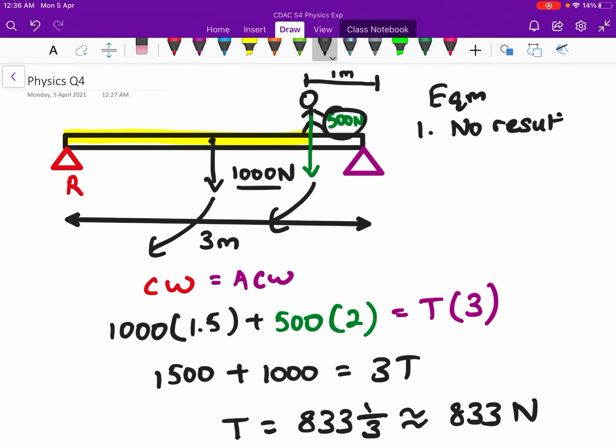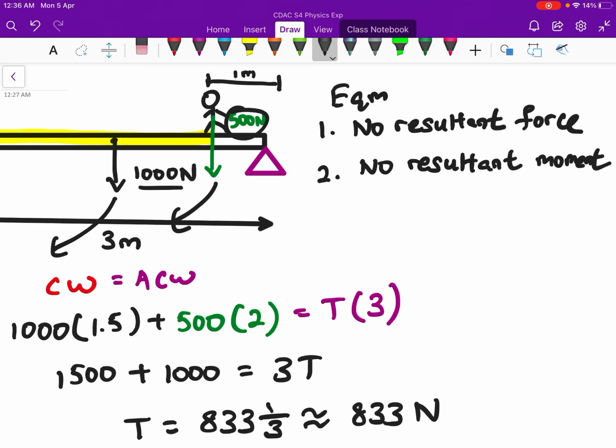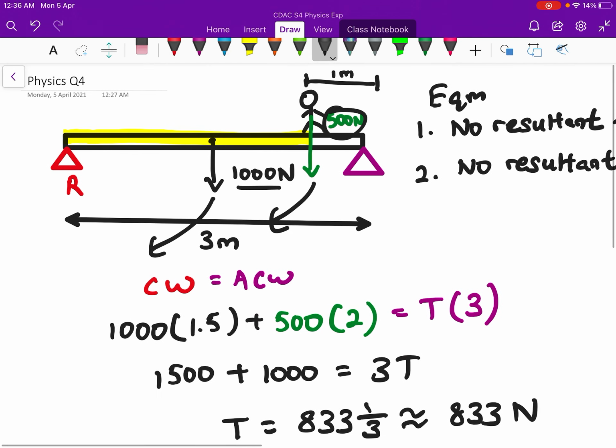The second is that there is no resultant moment, so it must not be rotating. No resultant force means it is either not moving or not accelerating. In this case, the whole thing is stationary and not rotating, so it is in equilibrium.